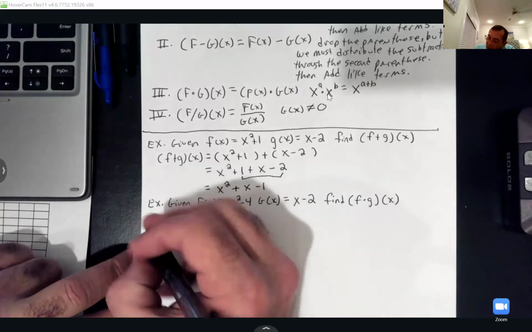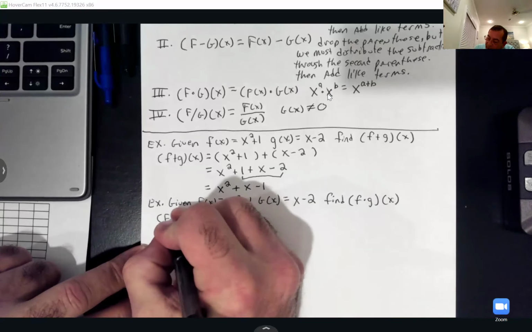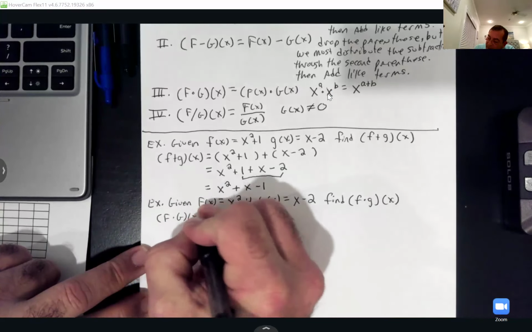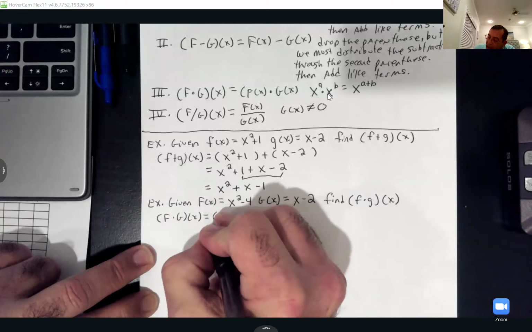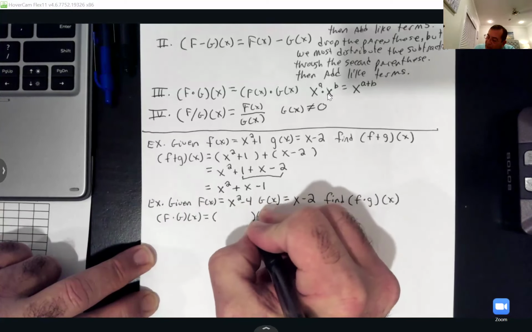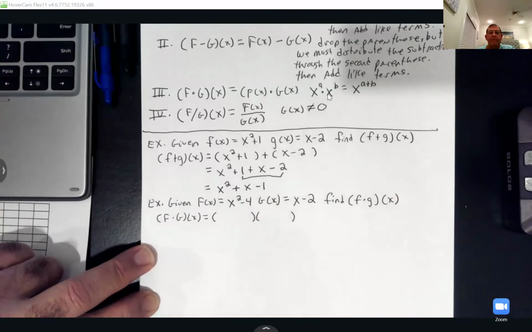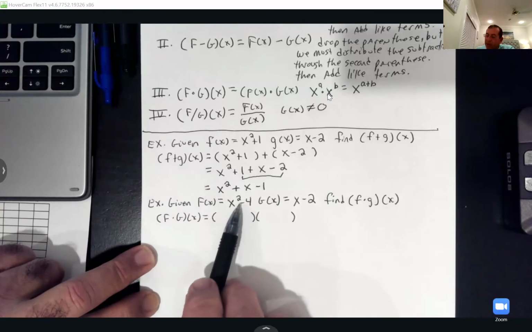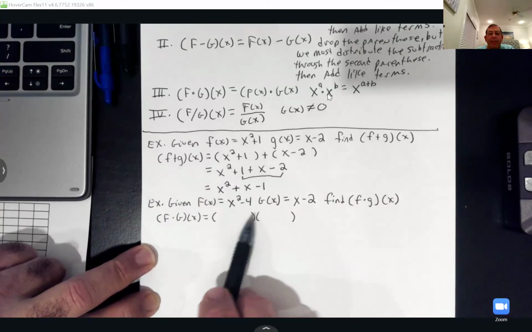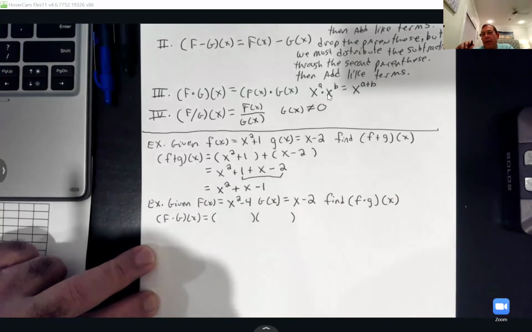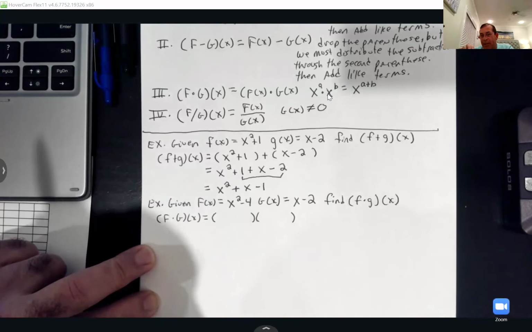So here we go. We bring over our f times g of x. That'll equal our f equation times our g. So f, remember, if I put parentheses right next to each other, that implies multiplication, okay?